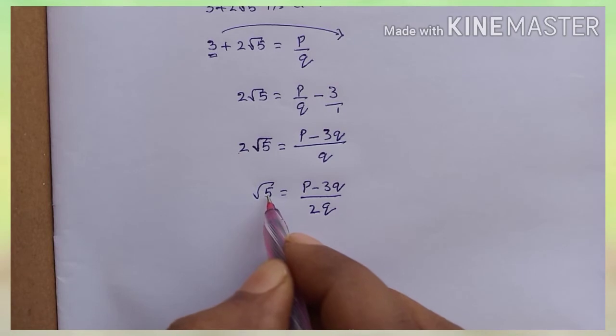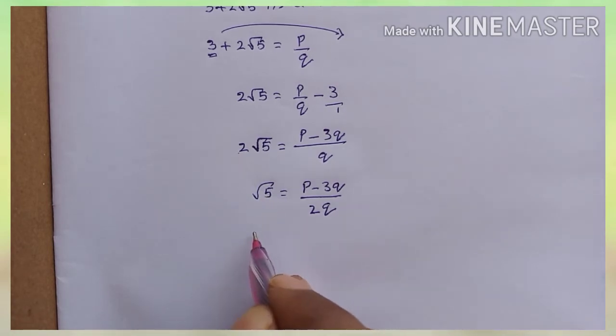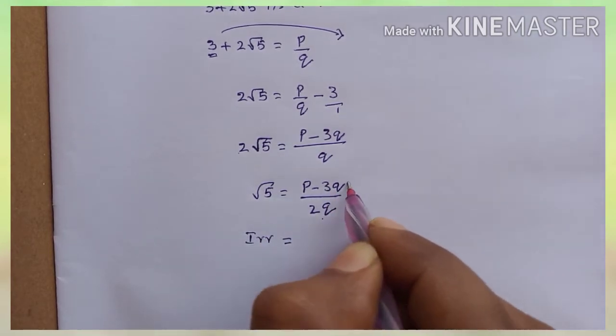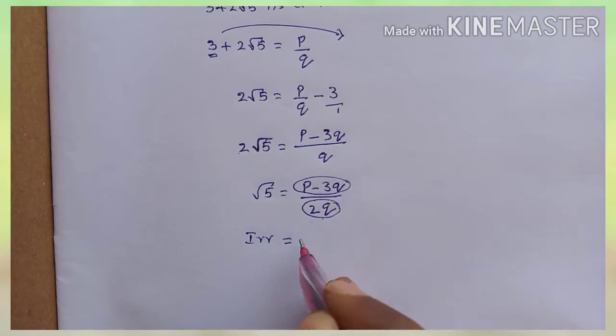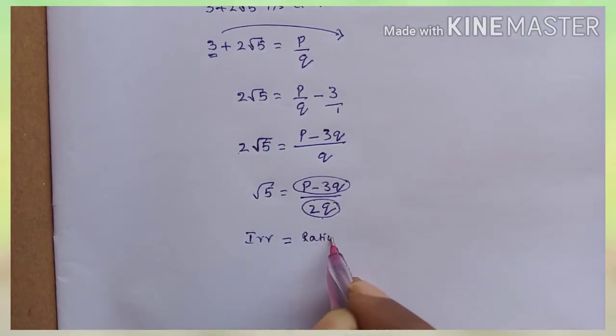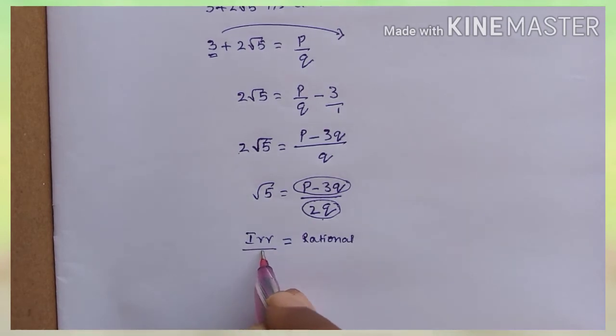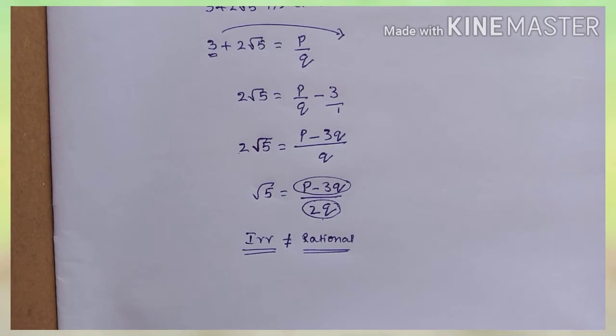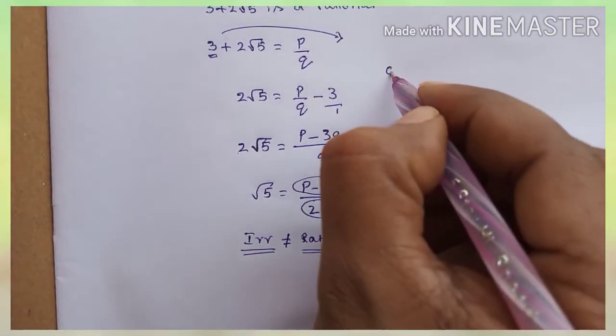Here root 5, where 5 is not a perfect square, is called an irrational number, and p minus 3q by 2q, numerator by denominator, is a rational number. According to our rule, an irrational number is never equal to a rational number. So what can we write as the statement here?